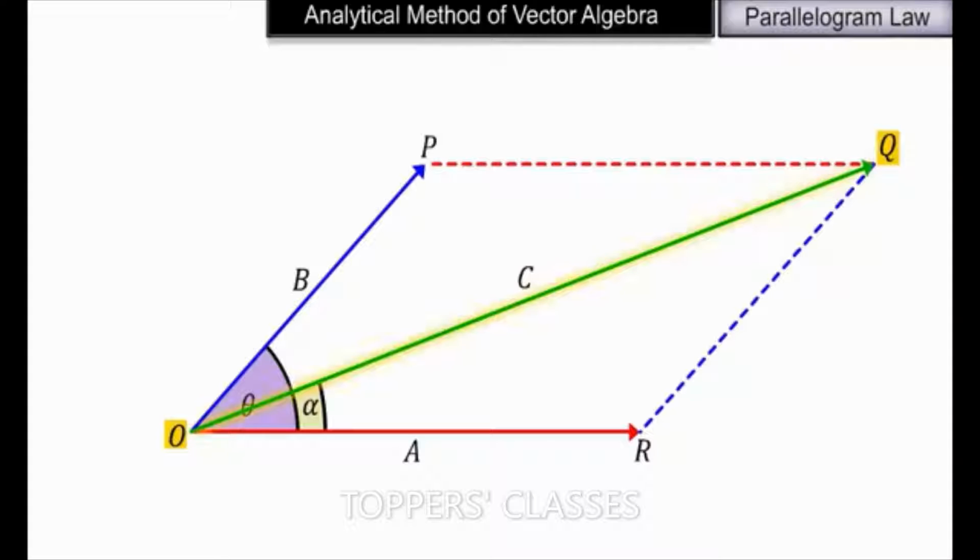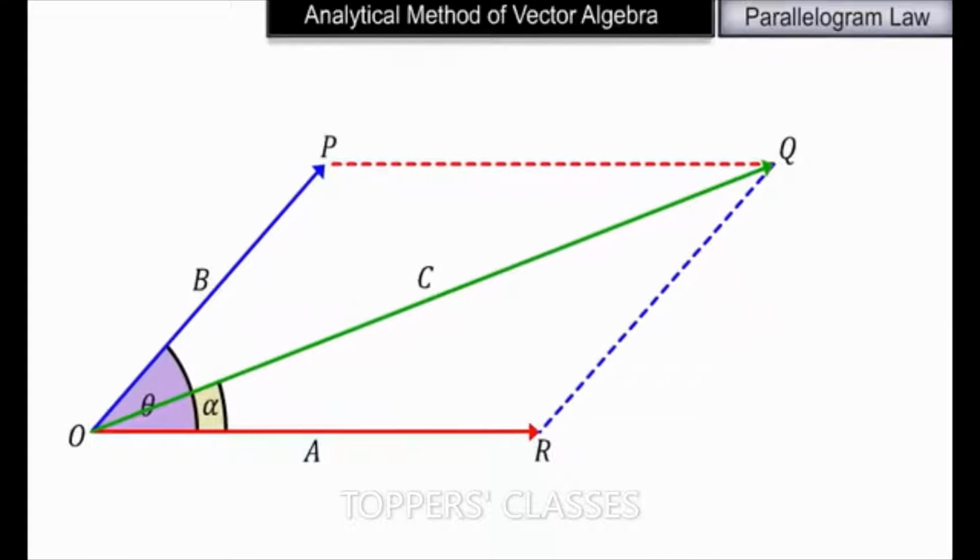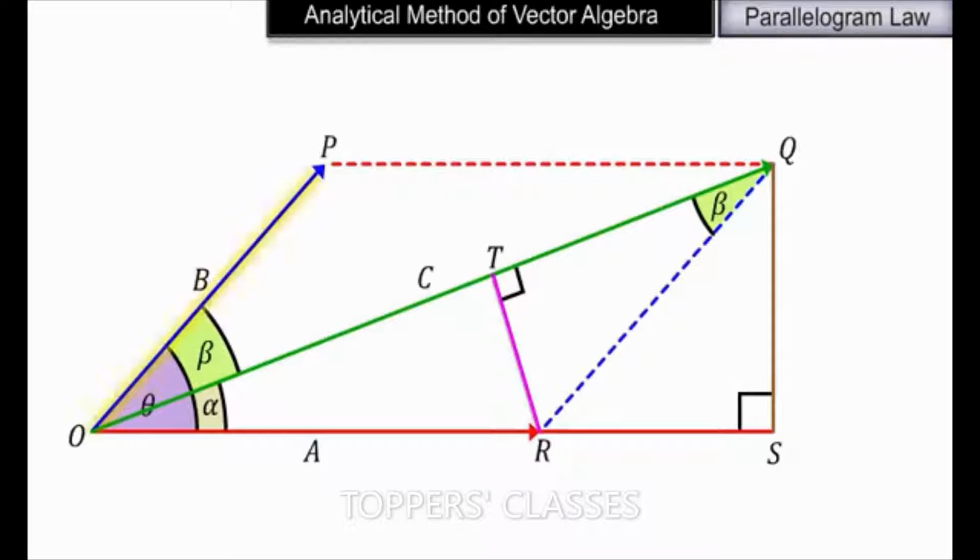Extend line OR. From Q, draw a perpendicular to the extended line OR to meet at S. From R, draw a perpendicular to OQ to meet at T. The resultant vector C makes an angle beta with vector B. Consider the triangle OSQ.